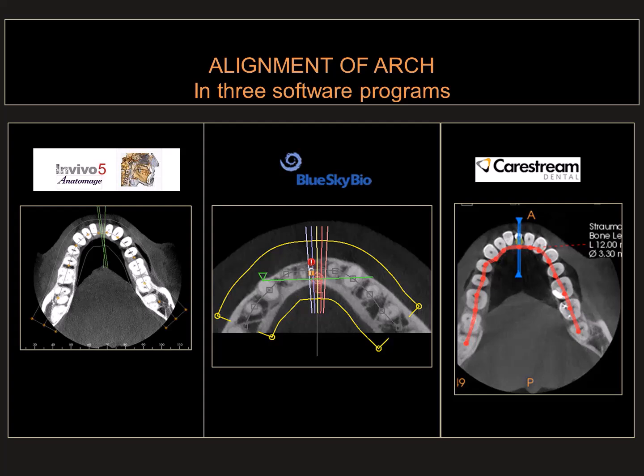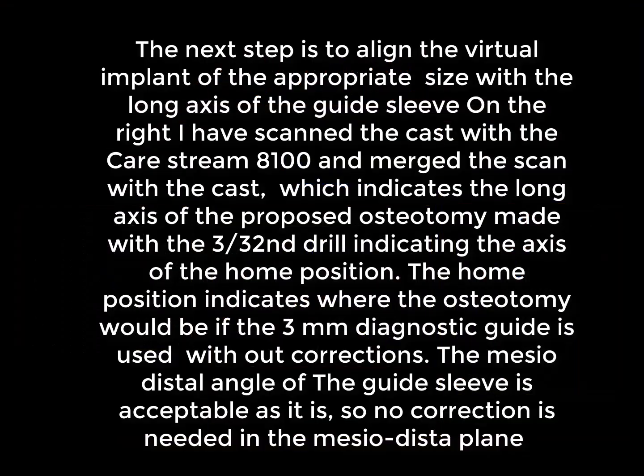The first step is to align the dental arch plane in each of the software programs. The next step is to align the virtual implant of the appropriate size with the long axis of the guide sleeve.